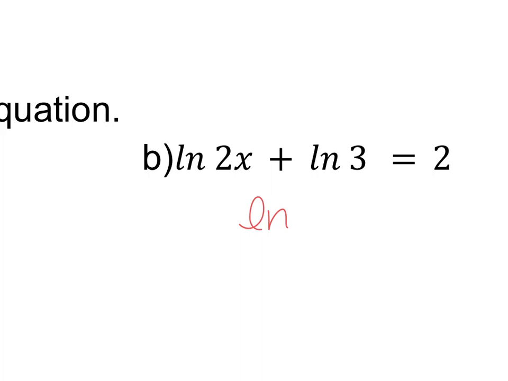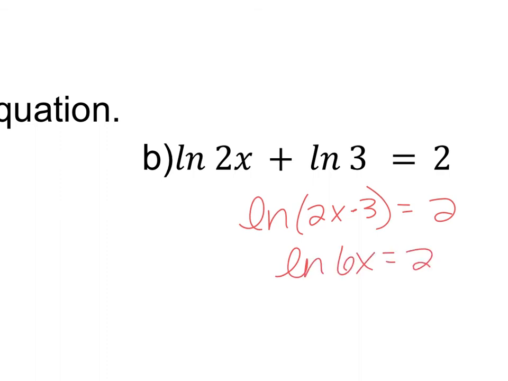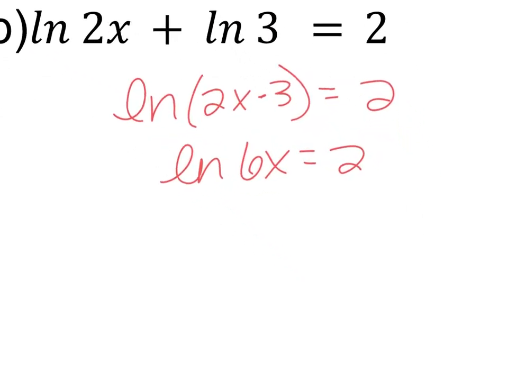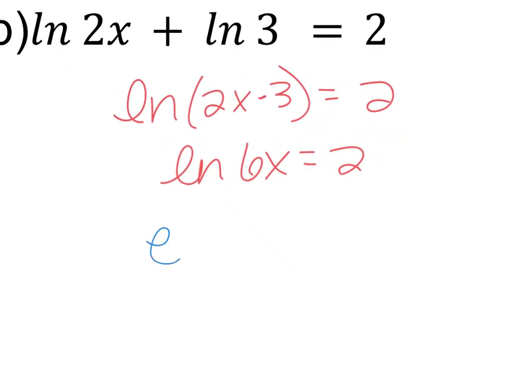So that becomes the natural log of 2x times 3, which is just the natural log of 6x, right? Not too bad. Now, it kind of looks like the last problem. I'm ready to raise it to the e, or I said that backwards, but you know what I meant. e to the natural log of 6x equals e to the 2, e squared.